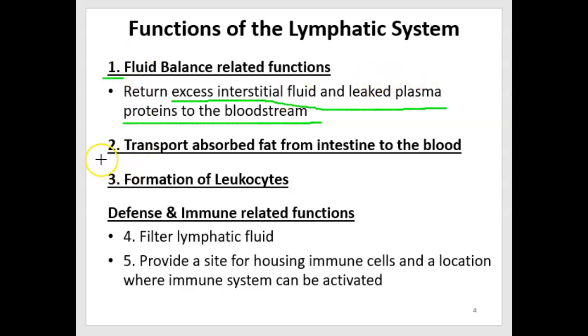Another thing is closely related. It's still the transport of lymphatic fluid, or interstitial fluid, in this case, and that interstitial fluid has lipids in it because these vessels that perform this function, these lymphatic vessels, are surrounding the intestine. And the intestine has absorbed all sorts of nutrients, including lipids.